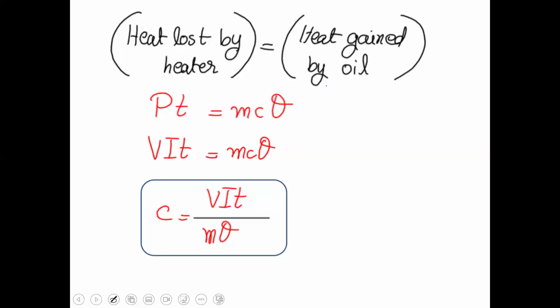Now, how do we apply this apparatus? Heat loss by the heater is equal to heat gain by the oil. Pt is equal to mc theta. VIt is equal to mc theta. So c is equal to VIt upon m theta. Now, you have to copy this.